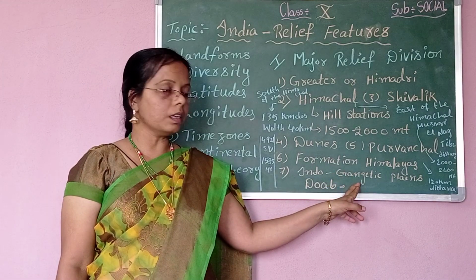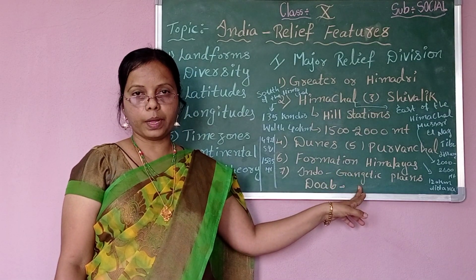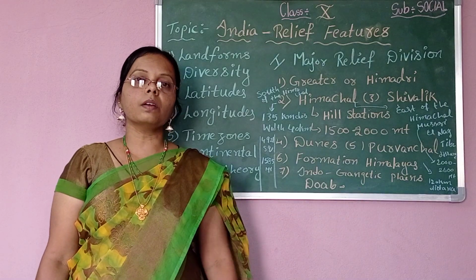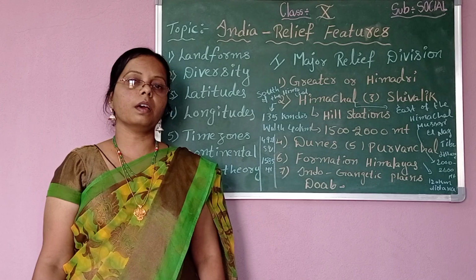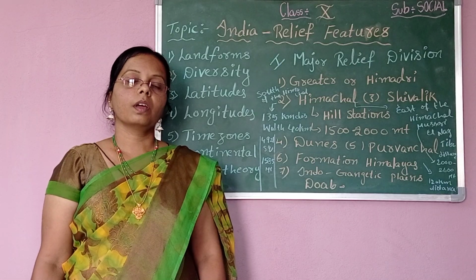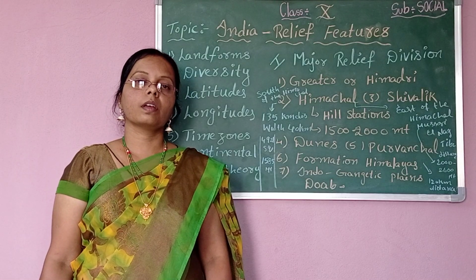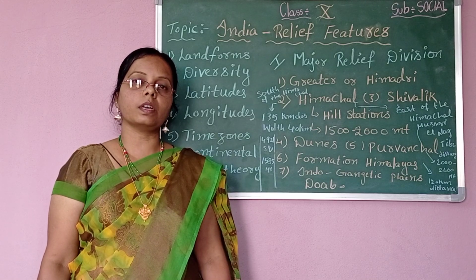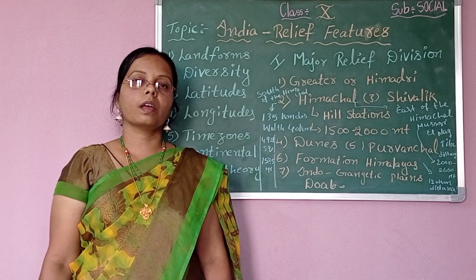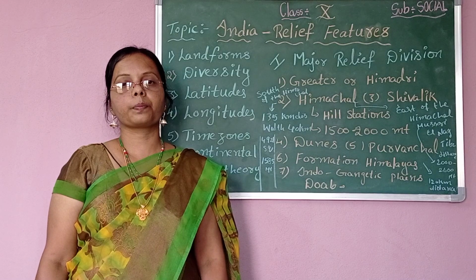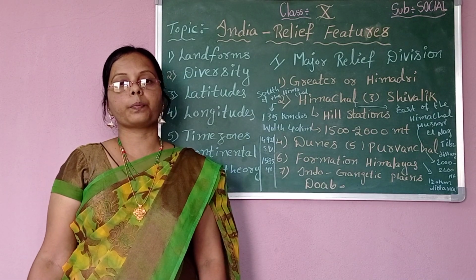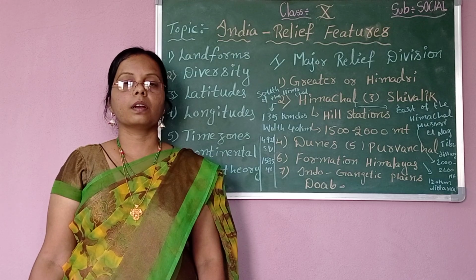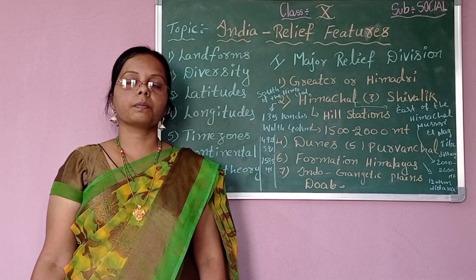Next is the Gangetic plain. The central part is formed by the river Ganga, and this Ganga river majorly flows in Bihar and Uttar Pradesh, and partially in Jharkhand and West Bengal.